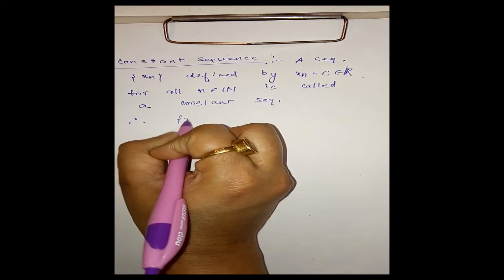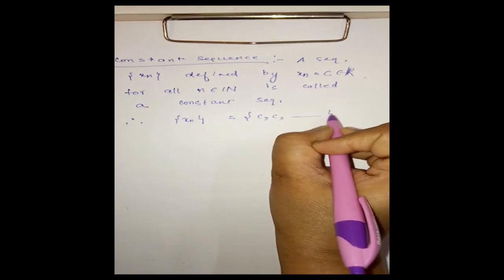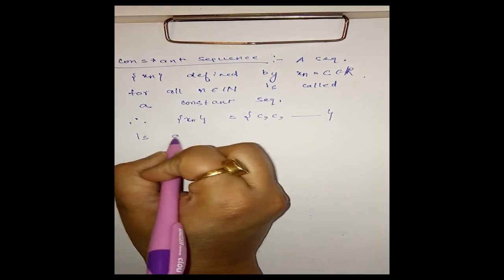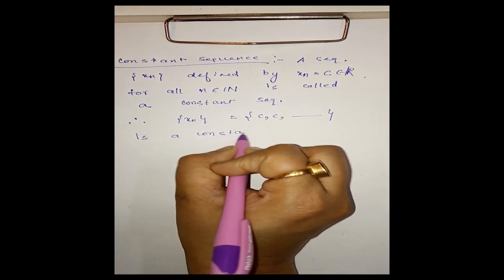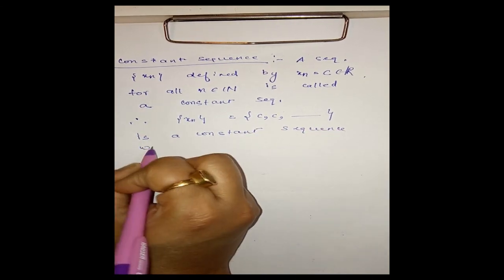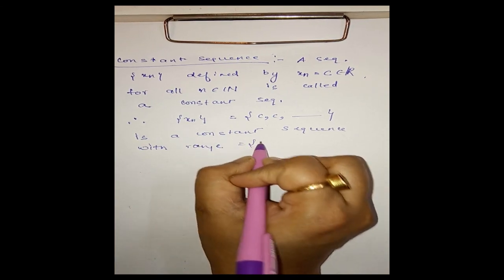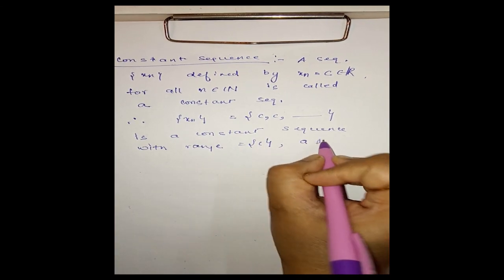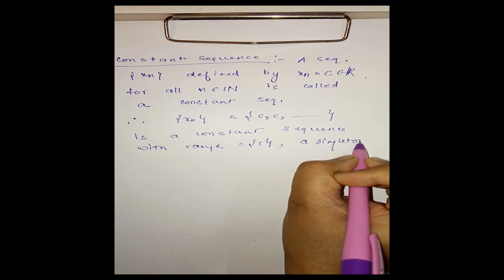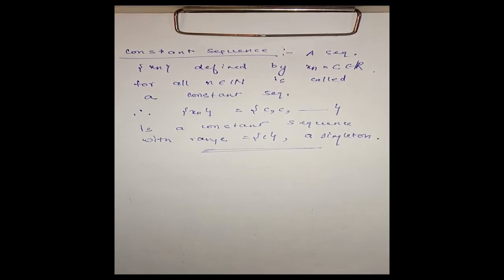Therefore, the sequence xn is equal to c, like this, is a constant sequence with range equal to {c}, a singleton set. Clear?